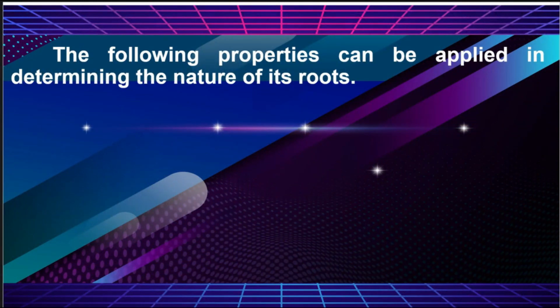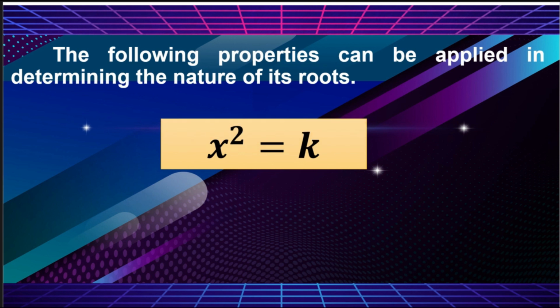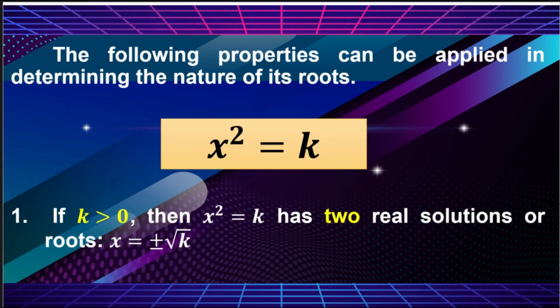The following properties can be applied in determining the nature of roots. Given that form, first property, if k is greater than 0, then x squared is equal to k has two real solutions or roots. And these are x is equal to positive and negative square root of k.